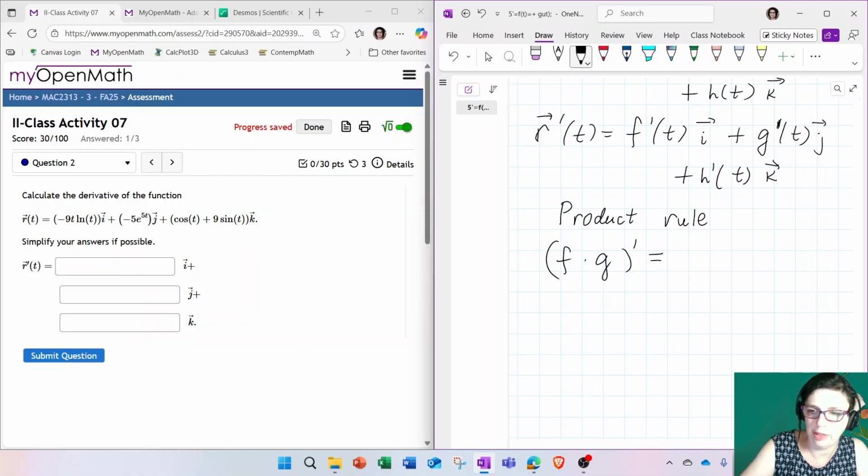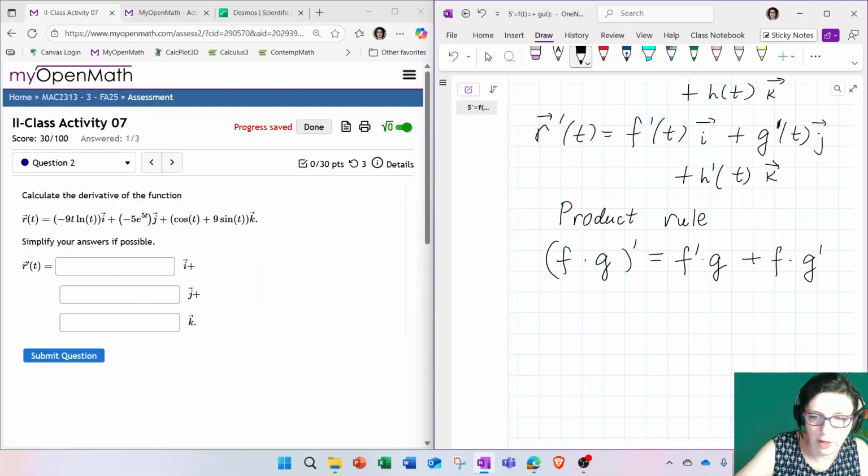That is absolutely not what you want. You want to take the derivative of the first one, multiply that by the second, plus the derivative of the second one multiplied by the first one. So f prime g plus f g prime. That's what the product rule says.